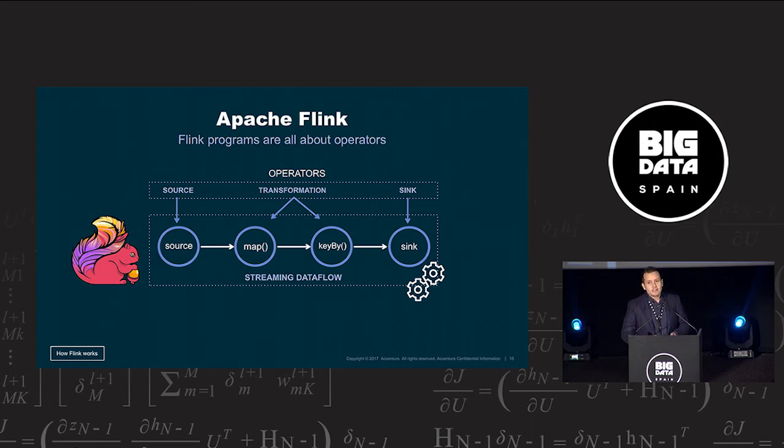And we also have the sink operators that take data from Flink and move it to external systems or databases like Kudu. And as you know, this diagram happens in parallel. So there is not just one streaming data flow. There are several ones depending on your program's parallelism.